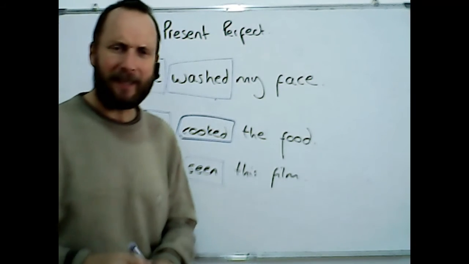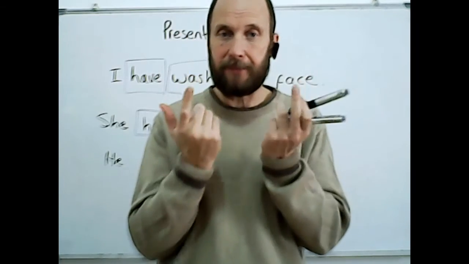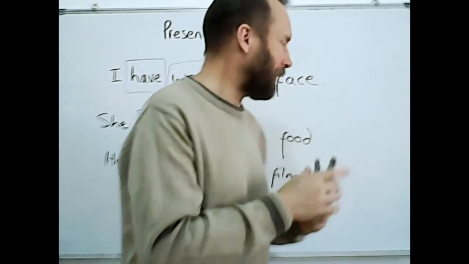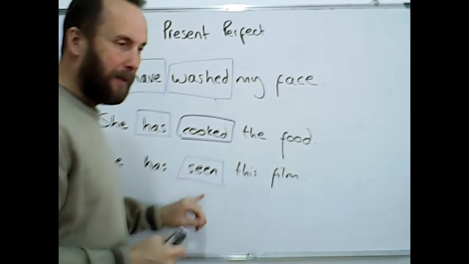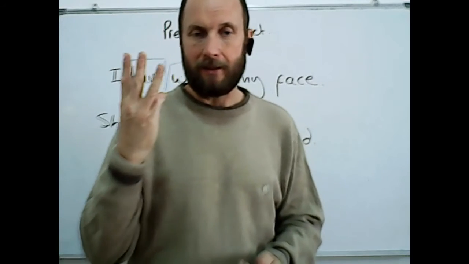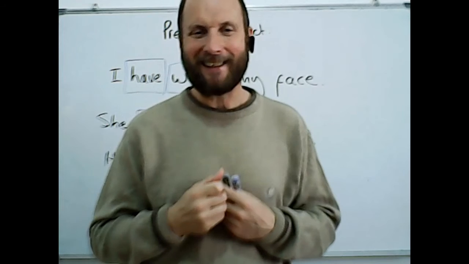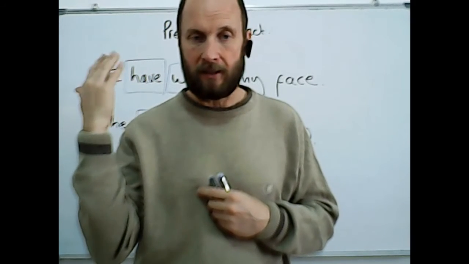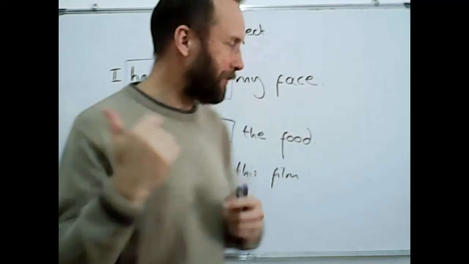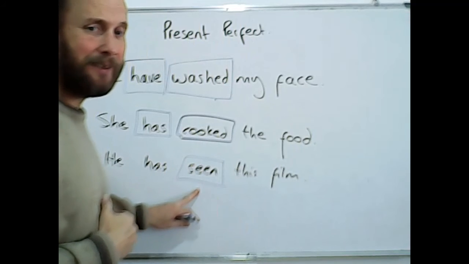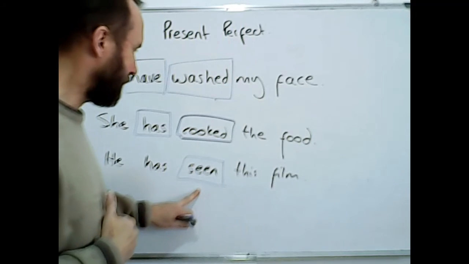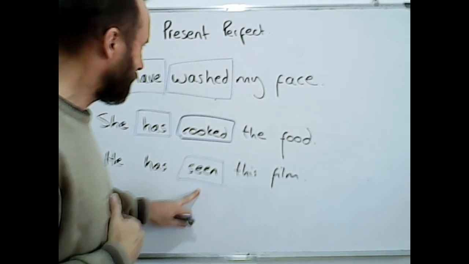You know the verb seen, the verb to see. The verb to see, okay, in present simple. This is the verb to see. It's got three forms. See, I see you. See. Saw is the past form of the verb. And seen is the past participle of the verb.